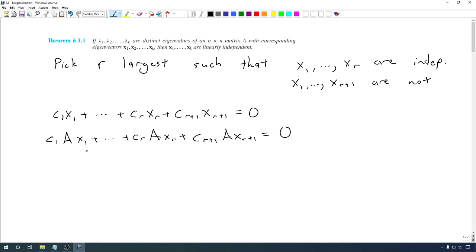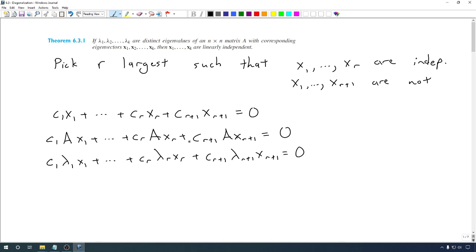So A times x1 is just lambda 1 times x1, all the way through cr times A of xr is lambda r xr. And A times x(r+1) is lambda (r+1) x(r+1).